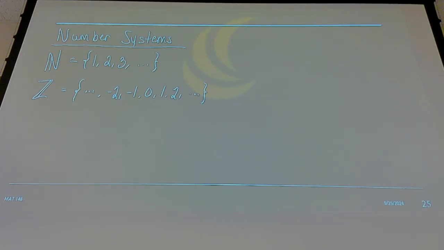Very good at that. And so you learn the rationals next, the rational numbers, which are any numbers that can be written in the form of an integer over a non-zero integer.